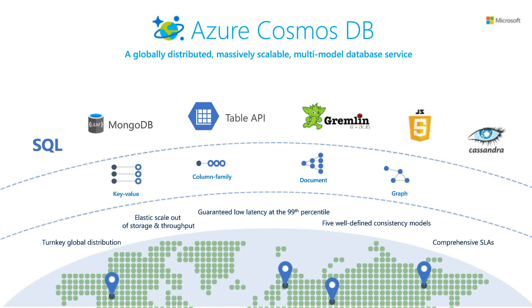And the resource governance allows us to bring a unique set of capabilities in which not only is this a fully managed database service, but we're actually the first and only database to offer SLAs around performance characteristics like throughput, latency, and consistency. On top of this core platform, we're able to represent multiple different data models very efficiently, and these are the key-value, column-family, document, and graph data models. On top of these data models, we expose them through a variety of different APIs, including SQL, MongoDB, Table, Gremlin, JavaScript, and Cassandra API.